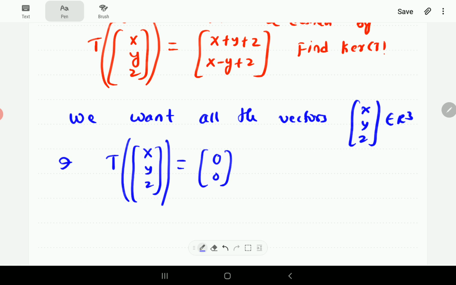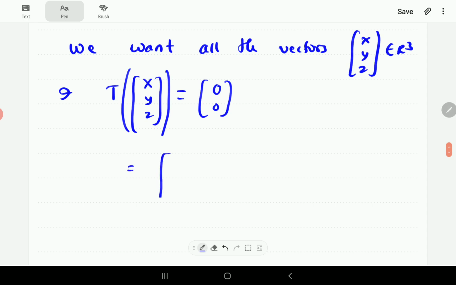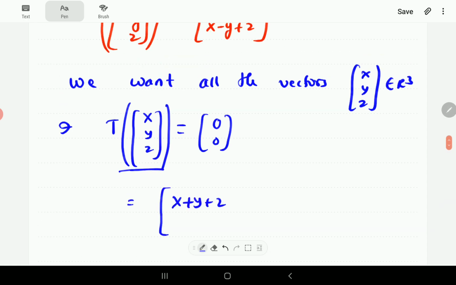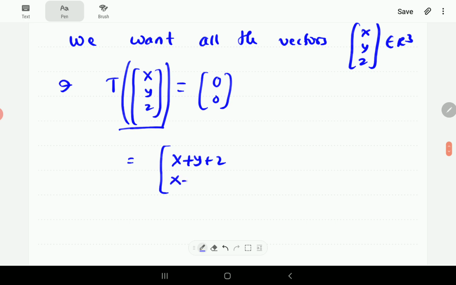But what is our T of (x, y, z)? It is defined as (x plus y plus z, x minus y plus z). This is equal to (0, 0).